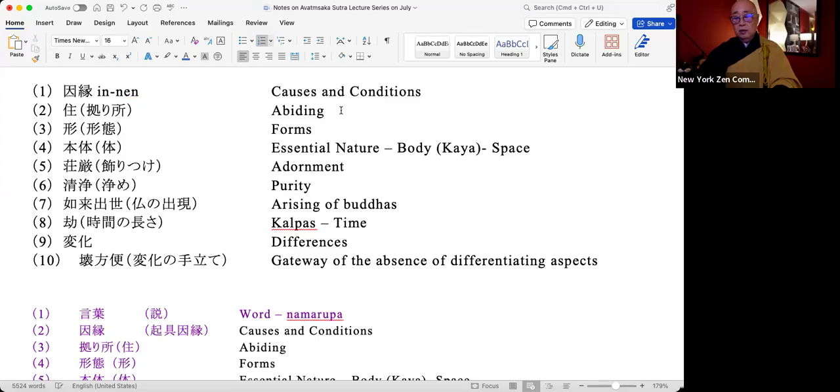And the next one, which the translators translate as abiding, is originally Ju.